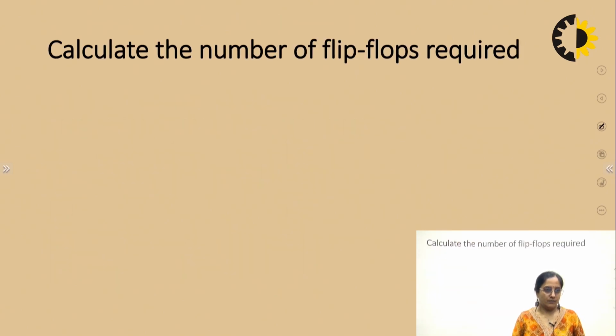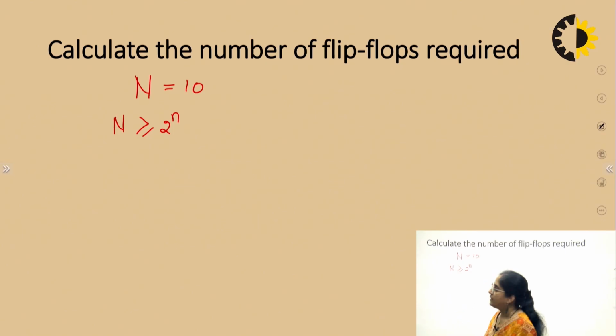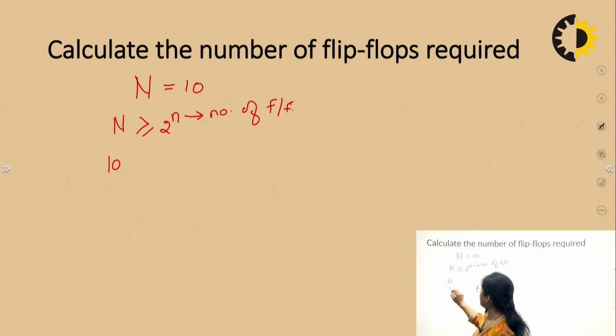After the state diagram, we obtained that the number of states is 10. To find the number of flip-flops, we use the relation 2 to the power n greater than or equal to N, where n represents the number of flip-flops and capital N is 10.